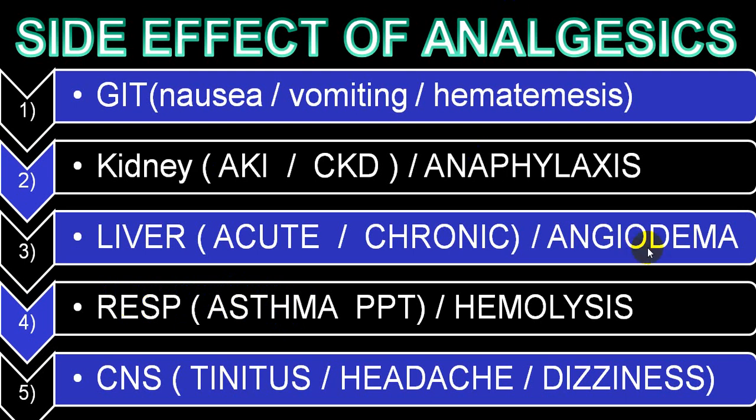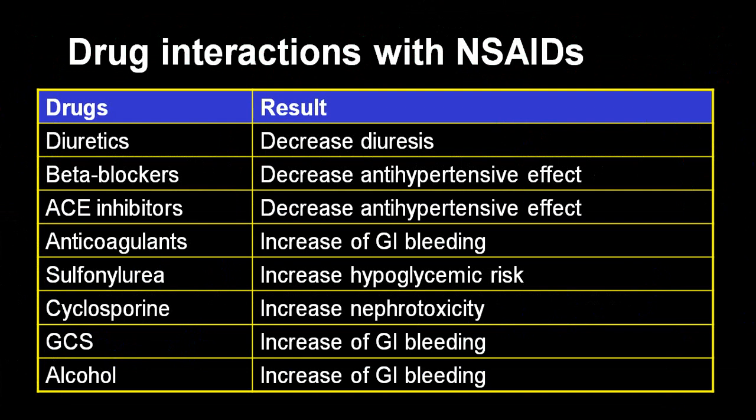Also it should not be given in a person with hemolytic anemia. It can produce hemolysis. Some of the analgesics, particularly indomethacin, can produce tinnitus, headache, dizziness. So these are some of the major side effects which you can come across in different NSAID together.